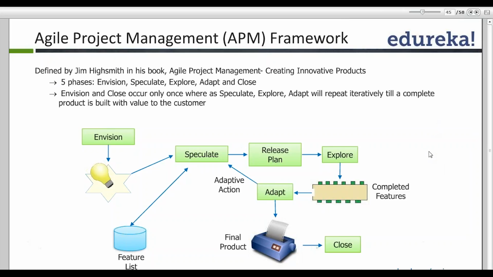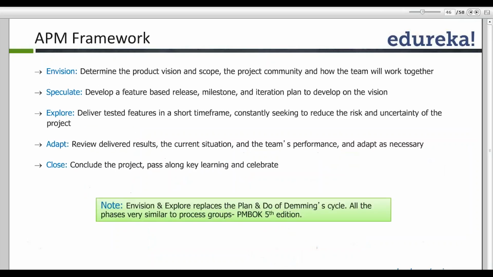Just a minute. Yeah. So the APM framework talks about the envision phase, wherein I'd come up with a high level roadmap of the product. It includes the product vision and the scope. Speculate phase, where I come up with a plan, how I'm going to develop that vision.